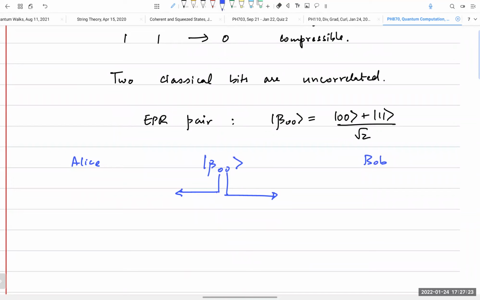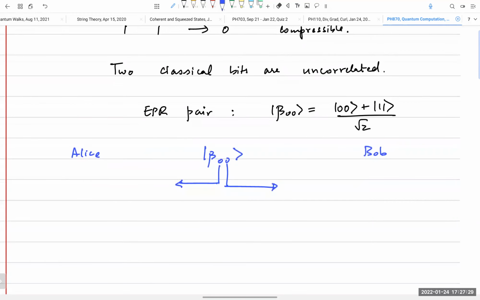So this is one qubit and this is one qubit, and they are in this entangled state.